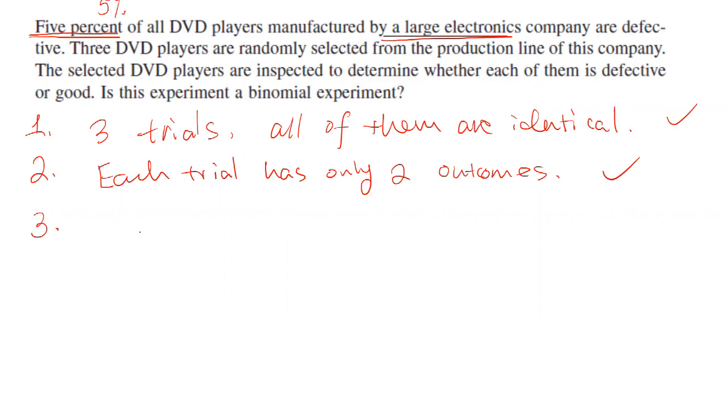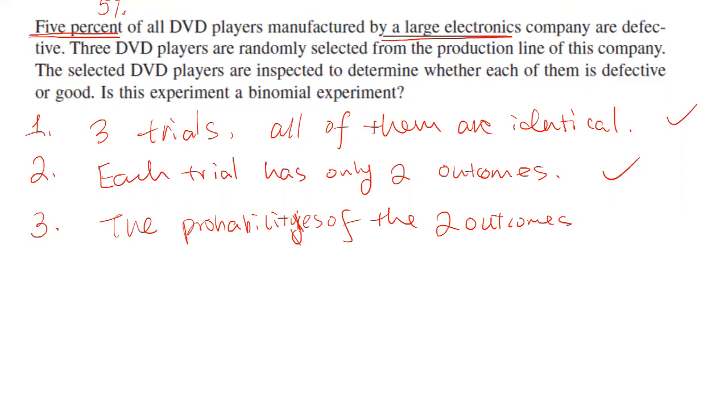So for each trial, the probabilities of the 2 outcomes remain constant, right?